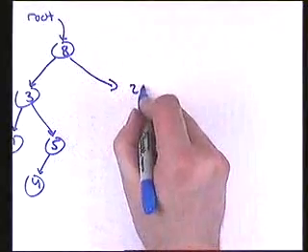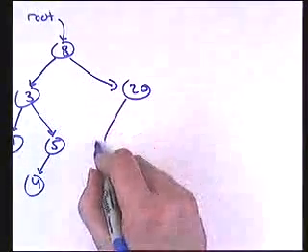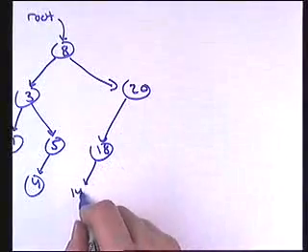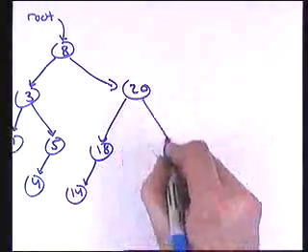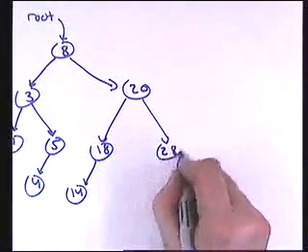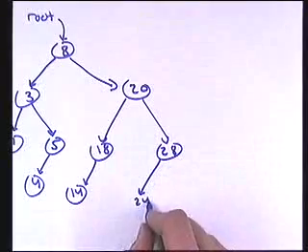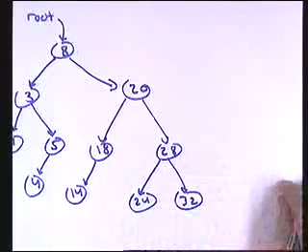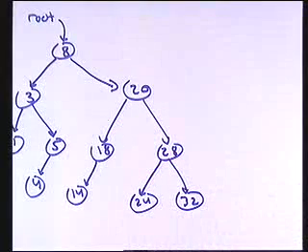Let's say we have here 20. Here we have 18, 14, 28, 24, 32. Again, just a completely random example off the top of my head.